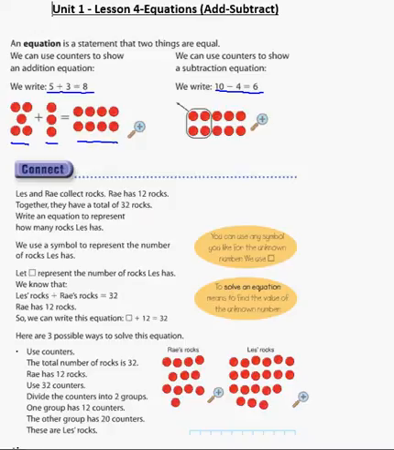The diagram, first of all, look at the total number of red counters that you have. You've got a total of 10. Okay? So that represents the 10 in our equation. And then you can see that there is a kind of a circle or a separating of 4 of them. So they've drawn a little circle or oval around 4 of them, and then there's an arrow showing that those are going away.